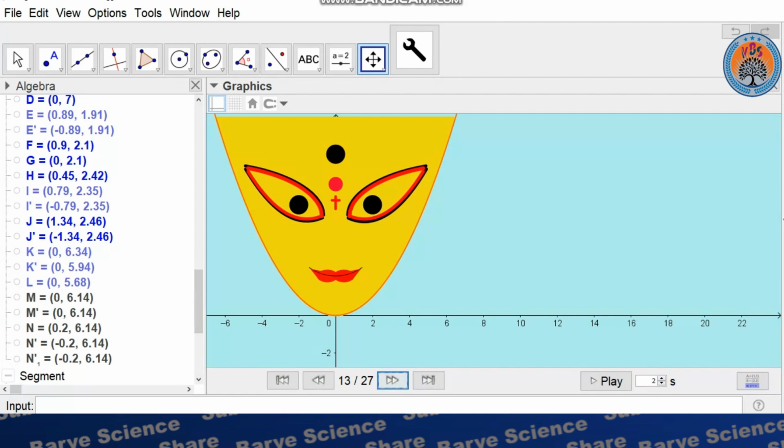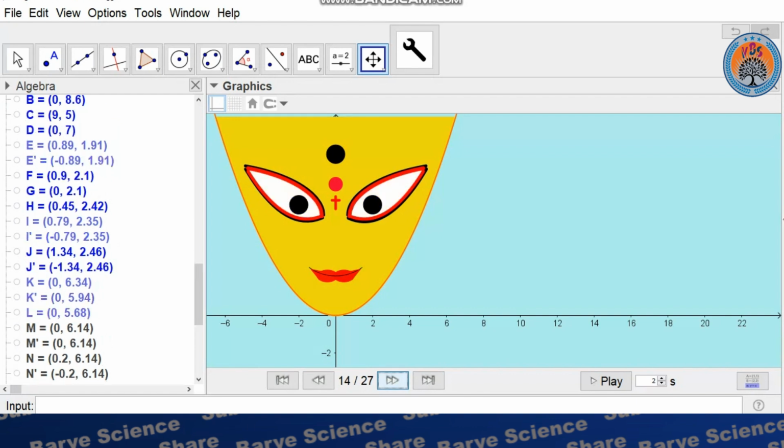See, one of my friends did not like this cross here, but it was there in the original picture.